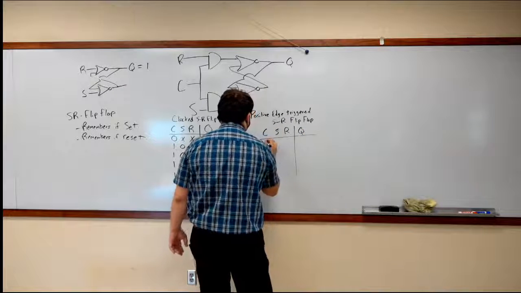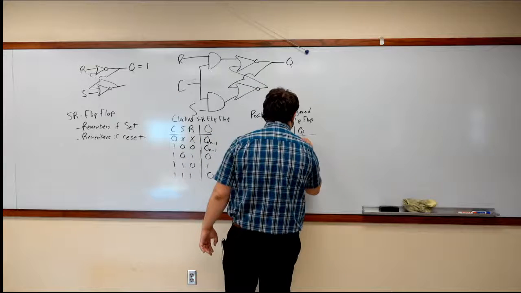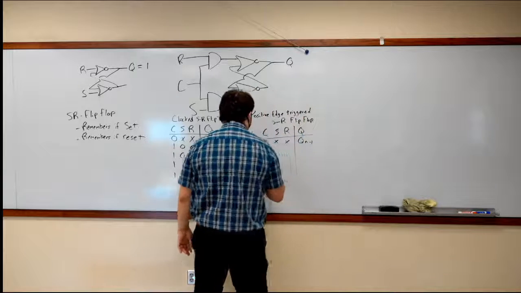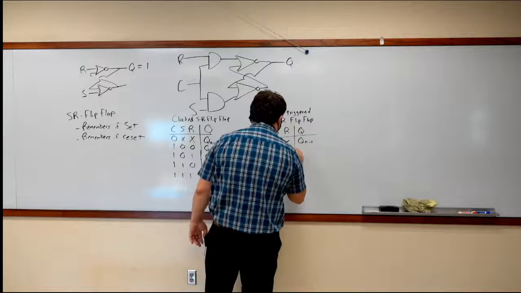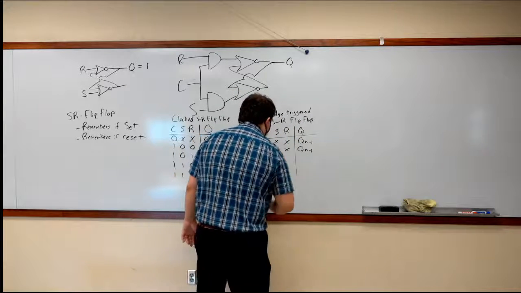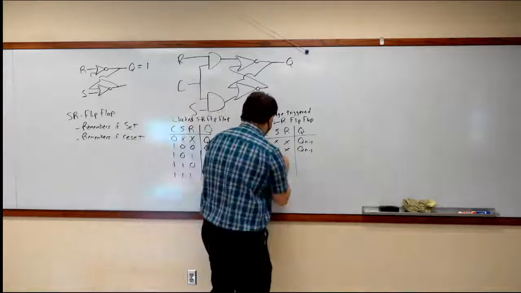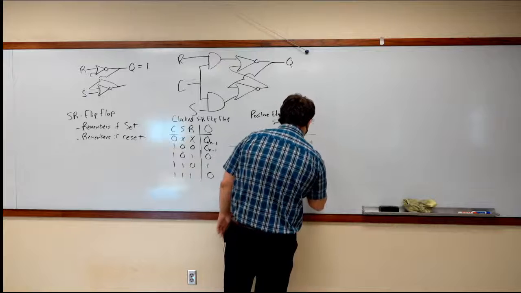If the clock is equal to 0, doesn't matter what this is, Q is equal to Q n minus 1. If the clock is equal to 1, doesn't matter what this is, Q is equal to Q n minus 1. If the clock is on the down edge, it doesn't matter what it is, still equal to Q n minus 1.